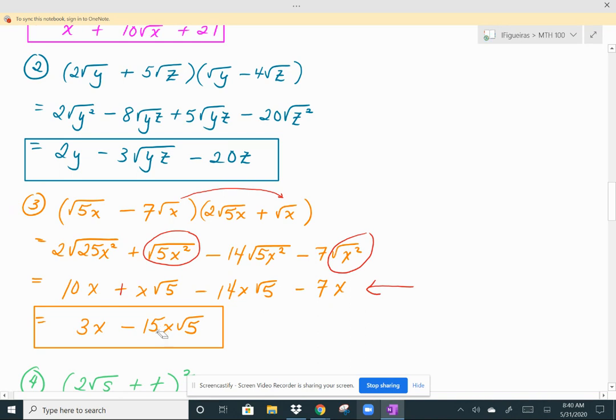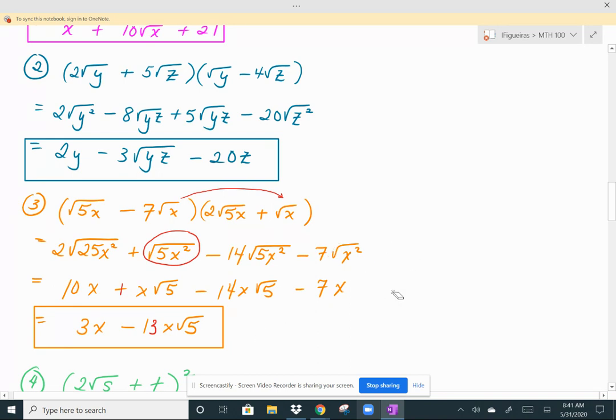And our last term is minus 7x. So now when we combine like terms, 10x minus 7x gives us 3x, and 1x root 5 minus 14x root 5 is minus 13x root 5. Let me just make that look better. Okay, and that's it for that problem.